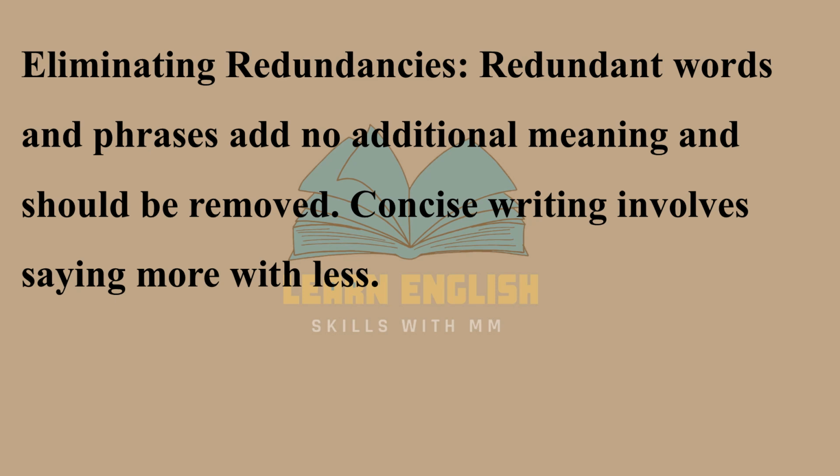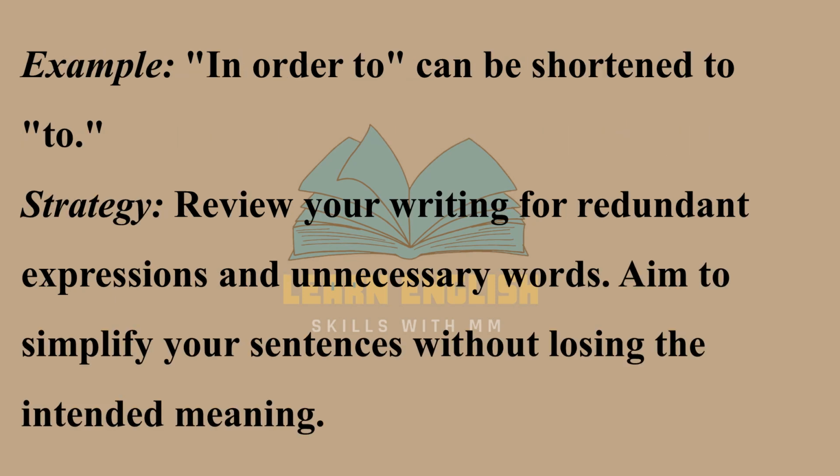Concise writing involves saying more with less. Example, "in order to" can be shortened to "to." Strategy: review your writing for redundant expressions and unnecessary words. Aim to simplify your sentences without losing the intended meaning.